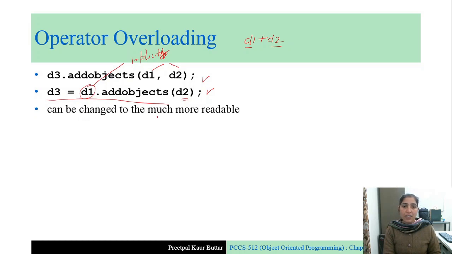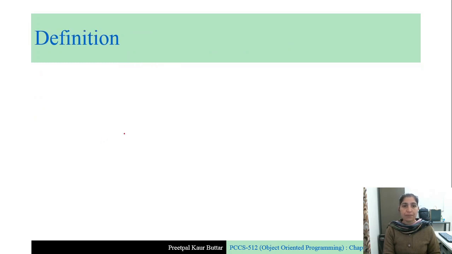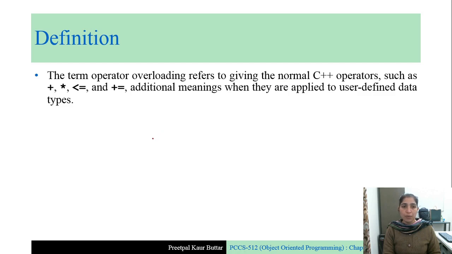But we can change this to much more readable form through operator overloading. That is, we can write d3 is equal to d1 plus d2. But this is possible only if we overload this addition operator, right? So now what is the definition of operator overloading?